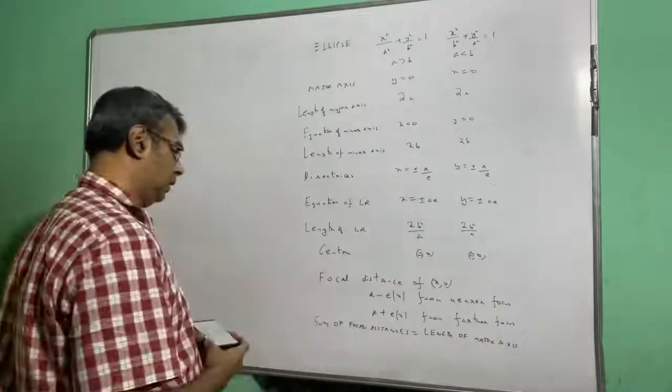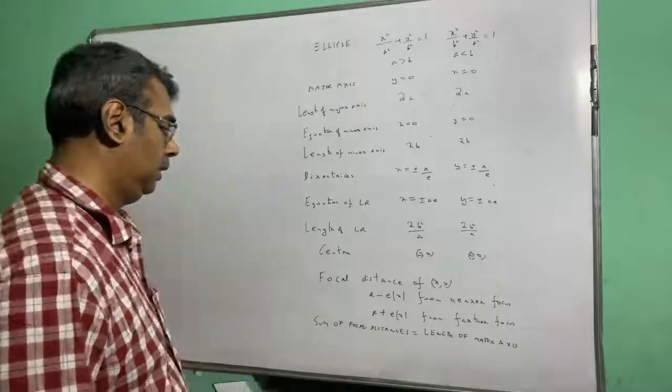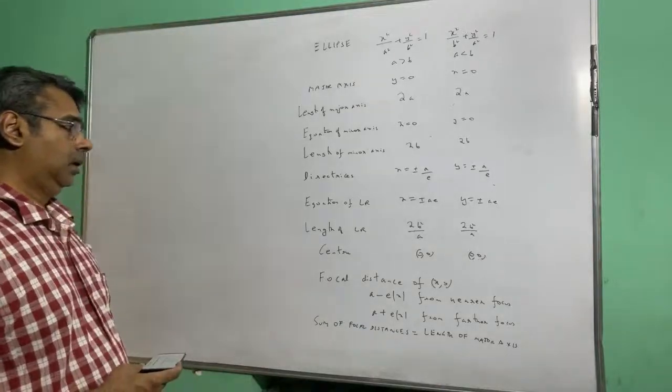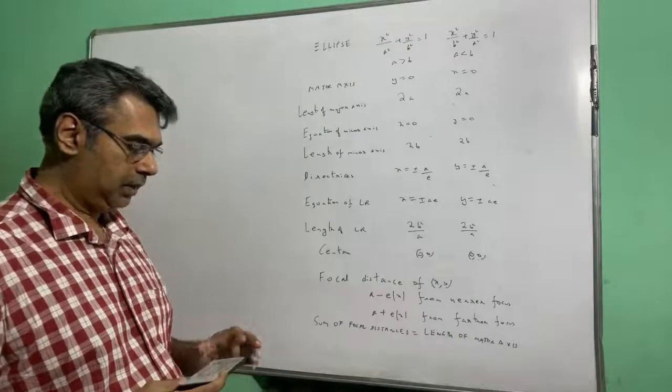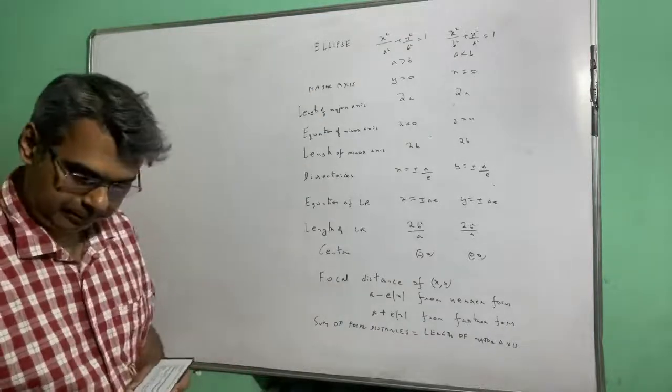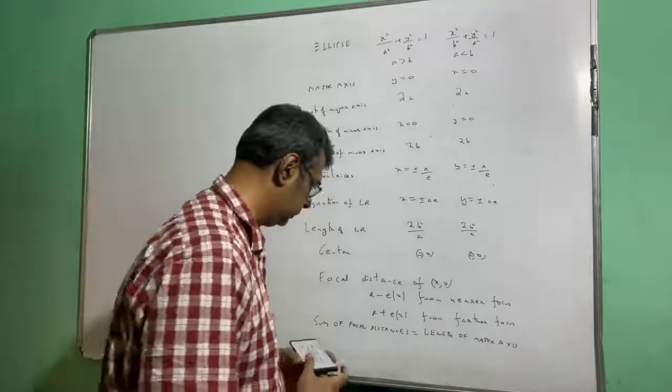And sum of the focal distances of any point equal to length of the major axis. So these are the total theories and everything related to ellipse.